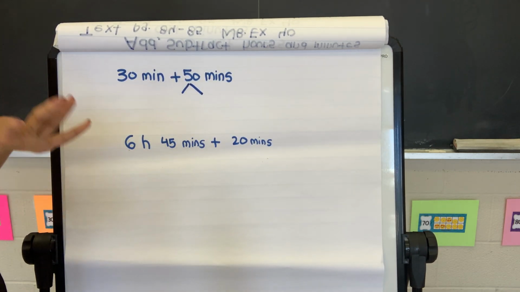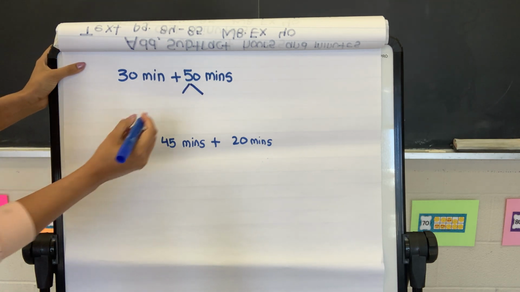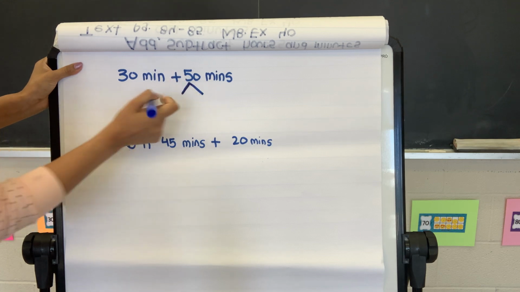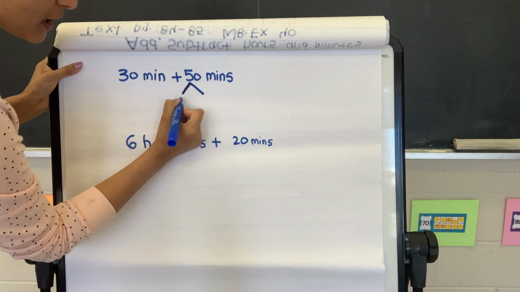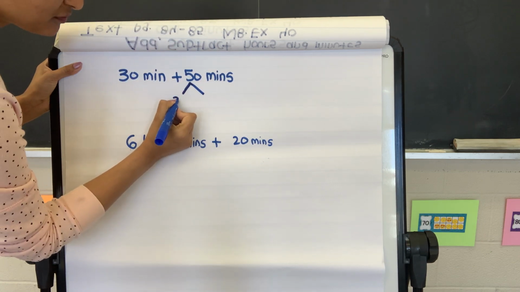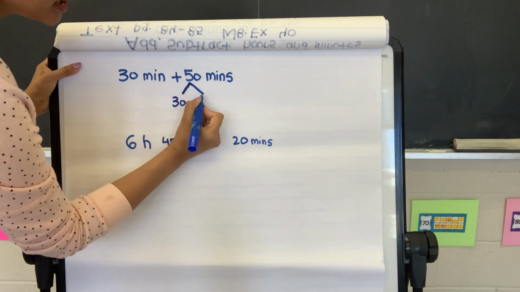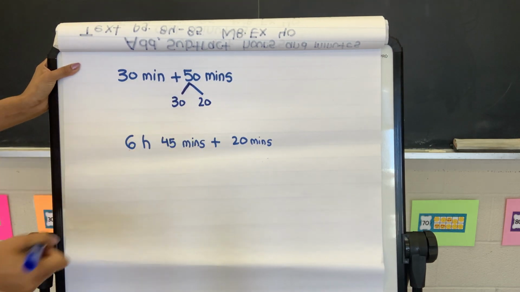So 30 plus 30 gives me 60, right? So I am going to divide this 50 into 2 parts. I'm going to say, this 50 is made up of 30 and 20.